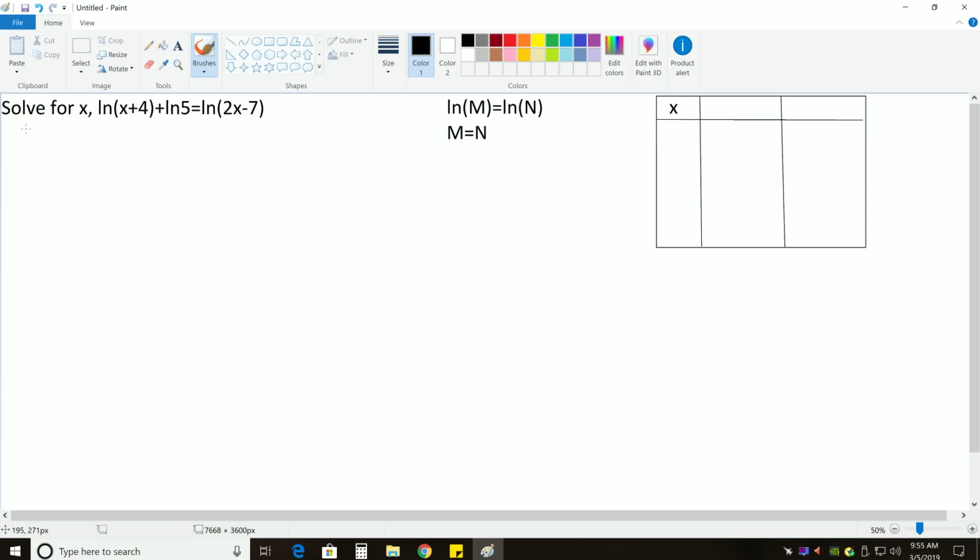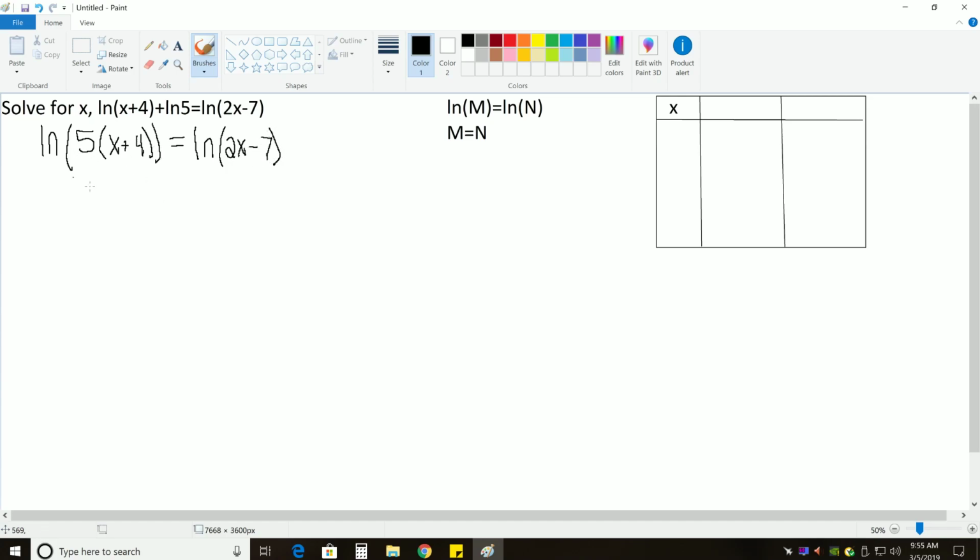So we can change this to the natural log of 5 times the quantity of x plus 4. We're multiplying the 5 to the x plus 4 and putting it inside of one log, and that's equal to the natural log of 2x minus 7.